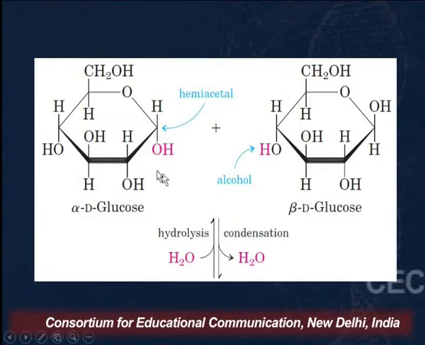This OH is being removed from this unit of alpha D glucose, and hydrogen is removed from here. This could be alpha or this could be beta, but here I've taken beta D glucose. So this is removed as a water molecule here. But we know maltose is made up of 2 units of alpha D glucose.